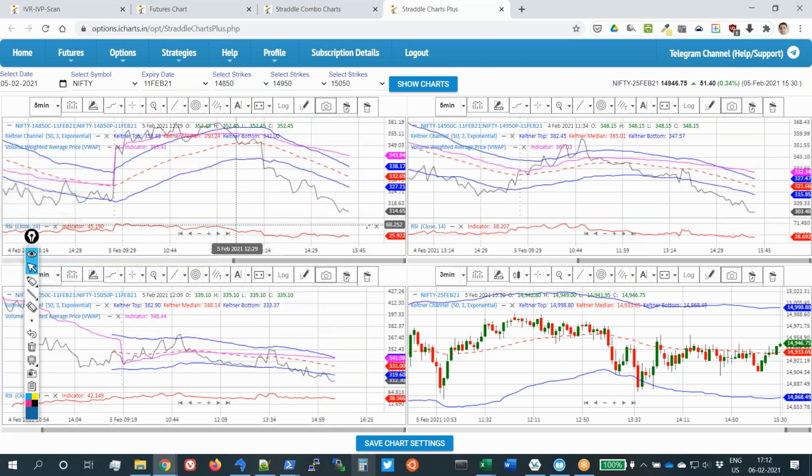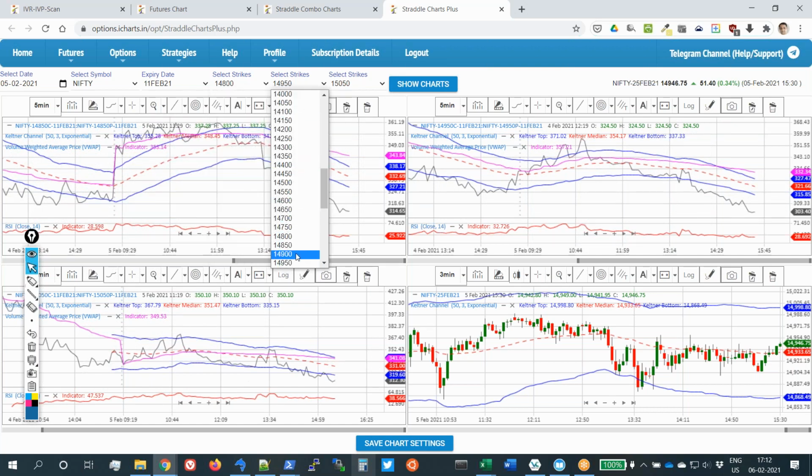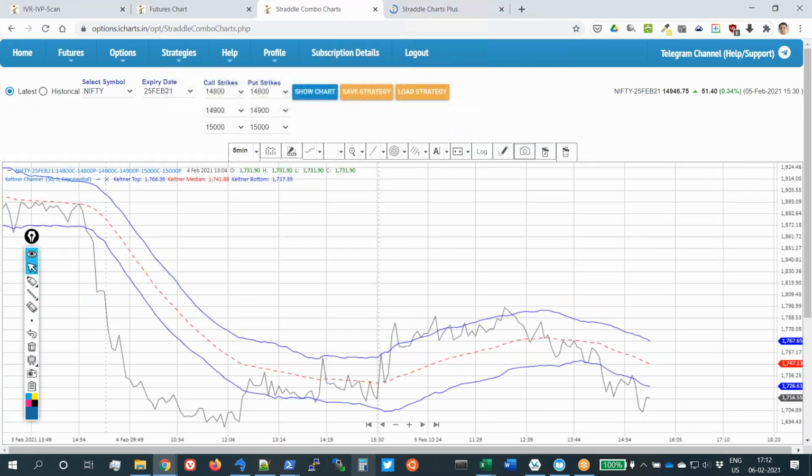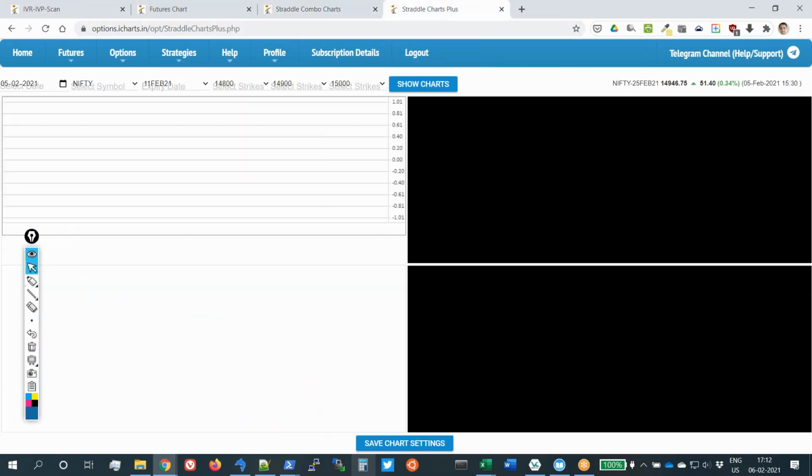So basically, whatever breaks out, if 3 straddles are open, again you have to take the same ones. Sorry, that's 900 and yeah, 8, 9.